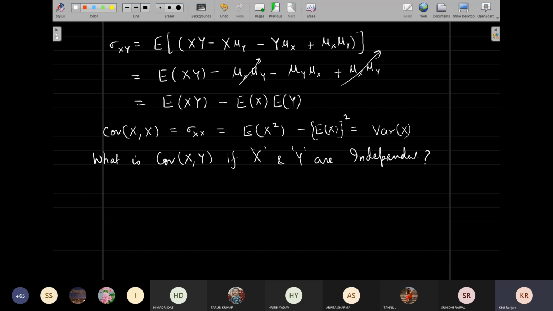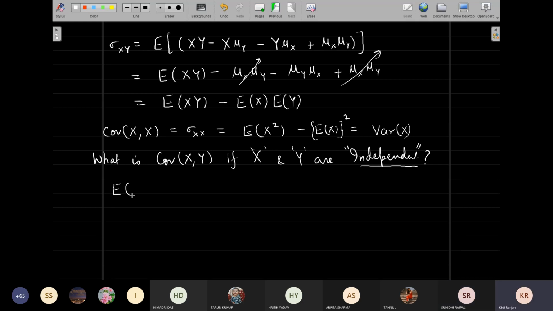What will this be? Any guesses? What will be the covariance, the correlation between x and y, if the two random variables are independent? 0. Okay, let's just see.